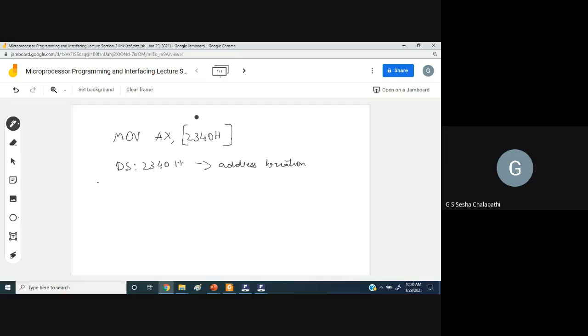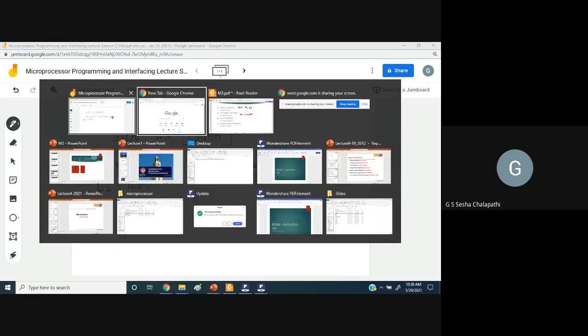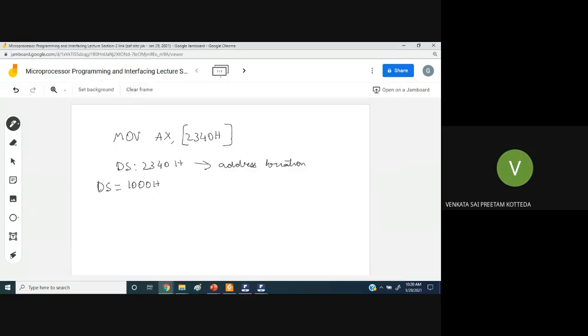Let us say my DS value is 1000H. When I say DS:2340H, I will calculate the physical address. How do you calculate that?